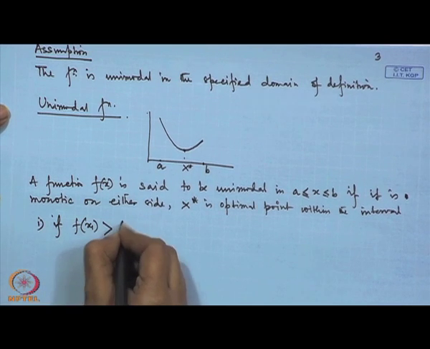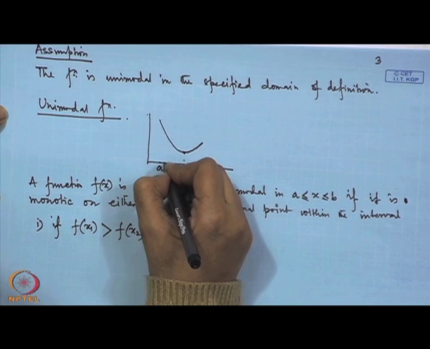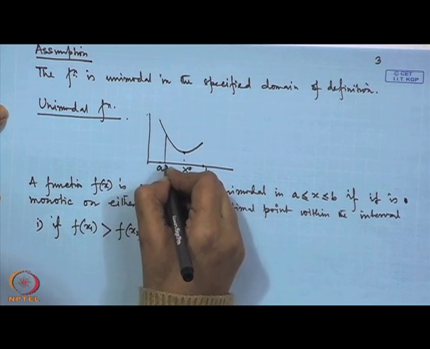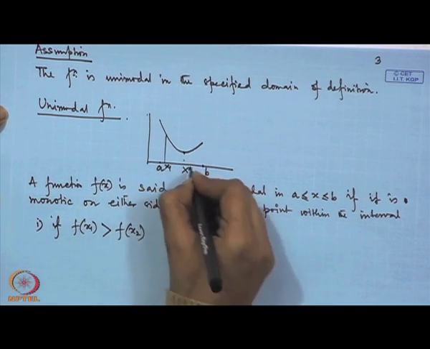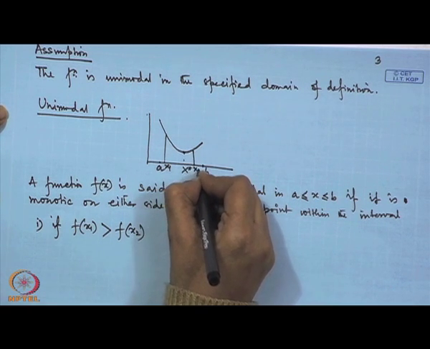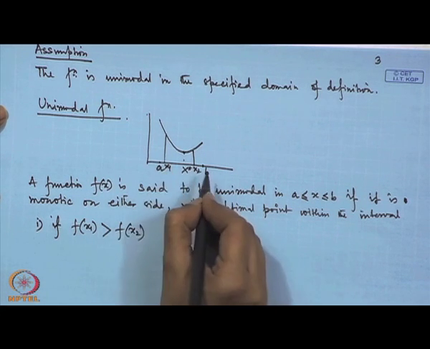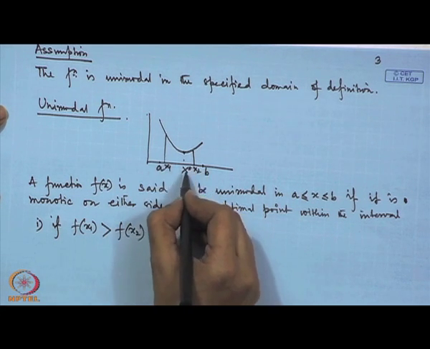If f(x1) is greater than f(x2). What is f(x1) and what is f(x2)? Let us consider this is f(x1), this is the corresponding x1 in the decision variable space, and this is the corresponding x2 in the decision variable space, that is the domain of definition.